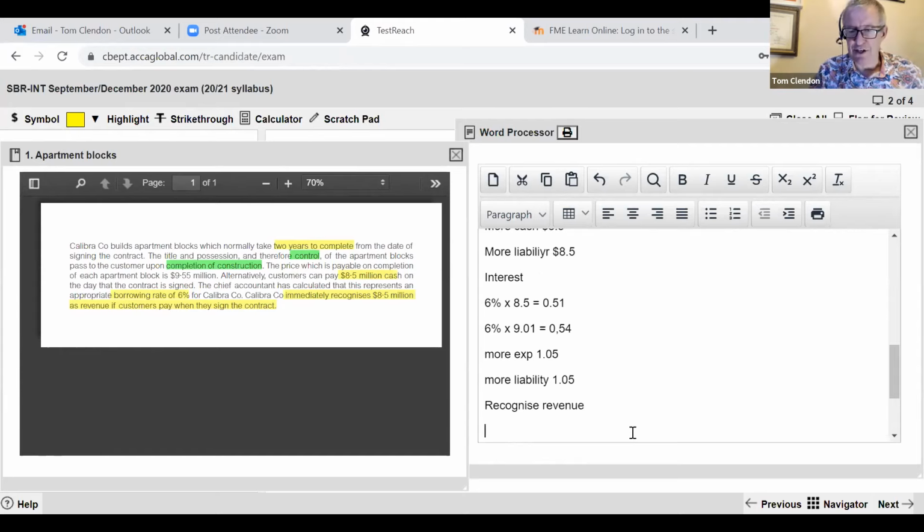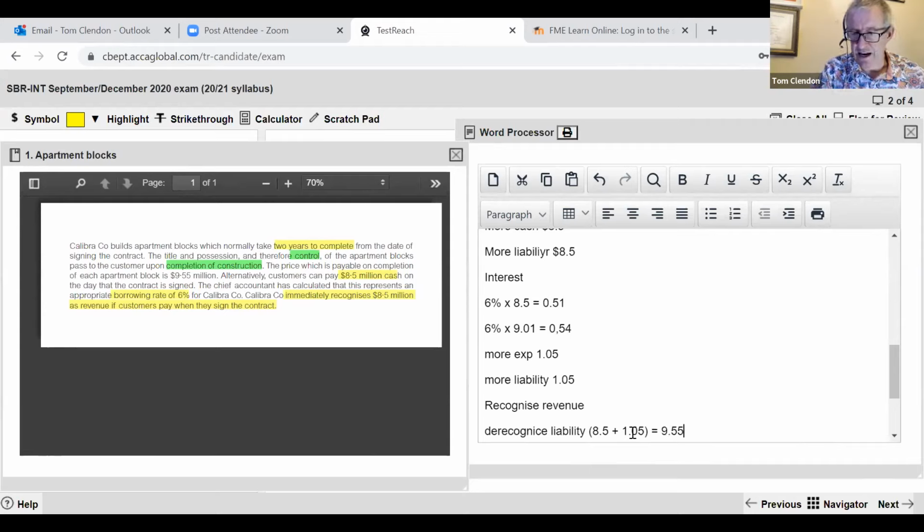We recognize the revenue by de-recognizing the liability. So we remove the liability, and the liability, which was in the first place 8.5, has now gone up by 1.05. So the liability is now 9.55.